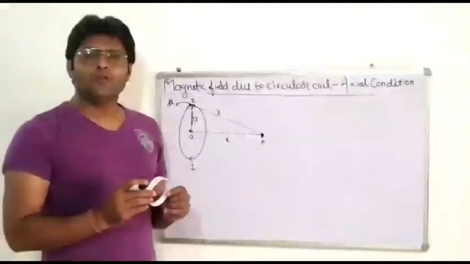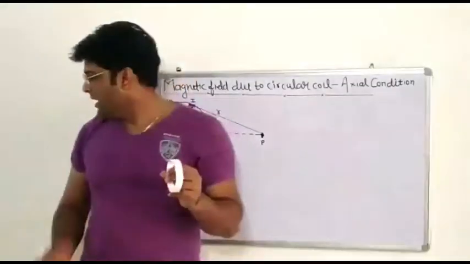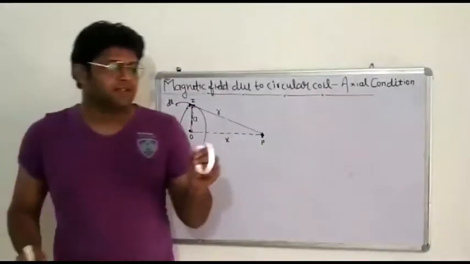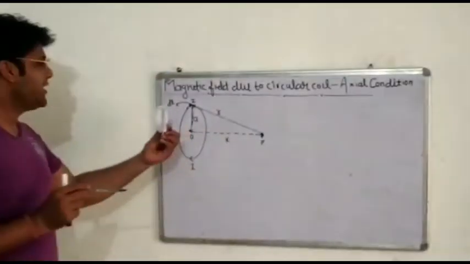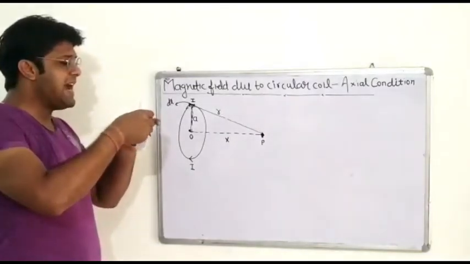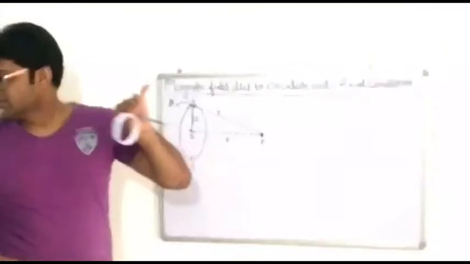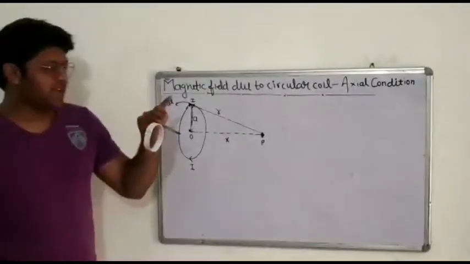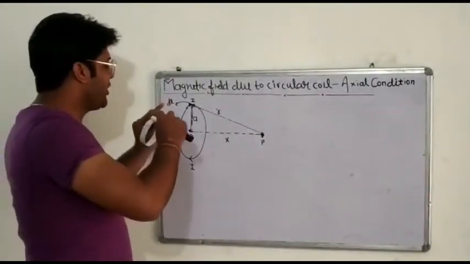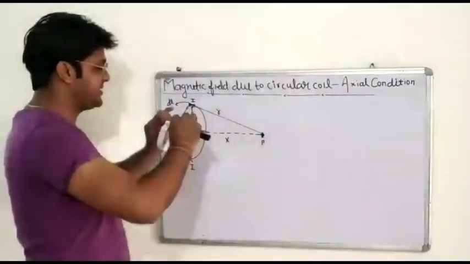I want to clear you, this is the current loop, you can see that, and we can consider the position of this current loop like this, then the direction of magnetic field at any point will be like this due to the tangent, and you can see the distance of the point P, which is here along the axis.